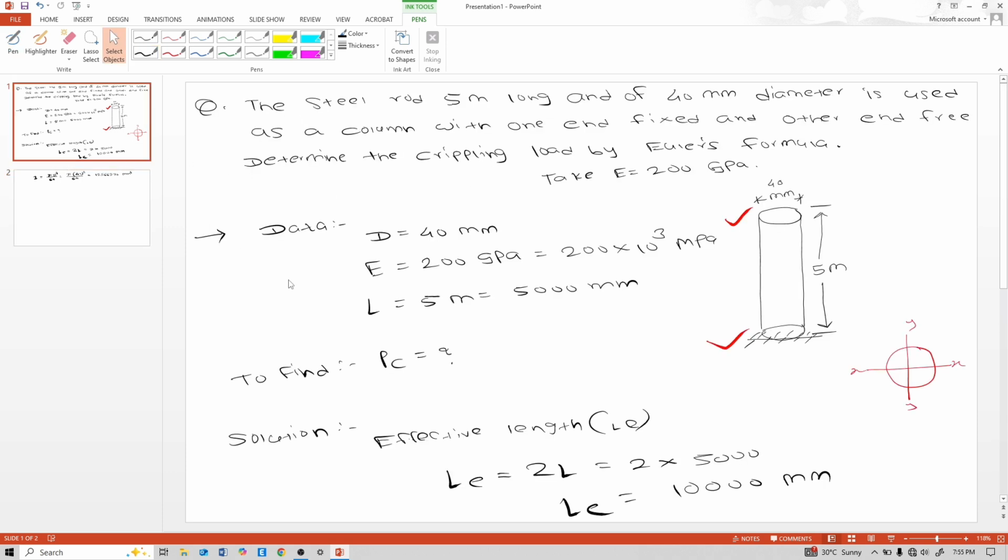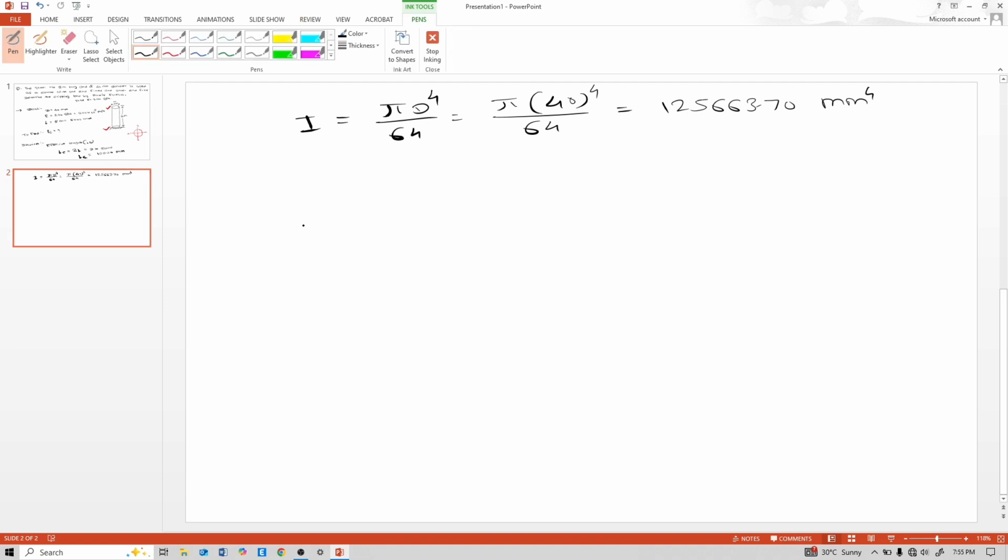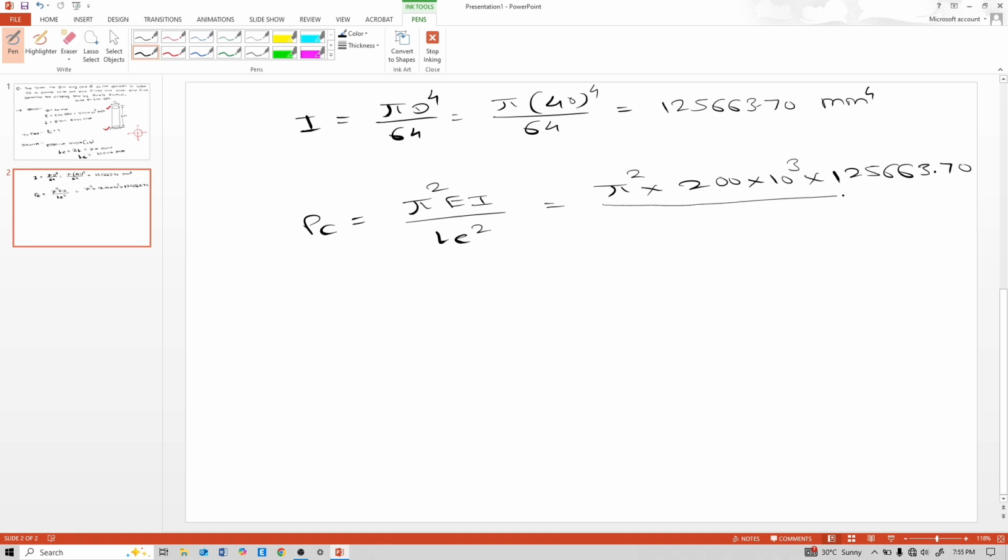Next, just use this crippling load equation, pi square EI upon LE square. Pi square is a constant, E is 200 into 10 raised to 3 Newton per mm square, and I is 125663.70, divided by LE which is 10,000 mm, squared.